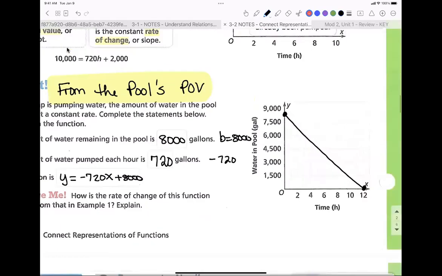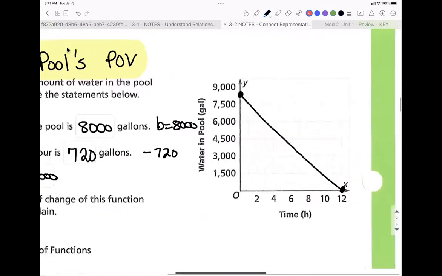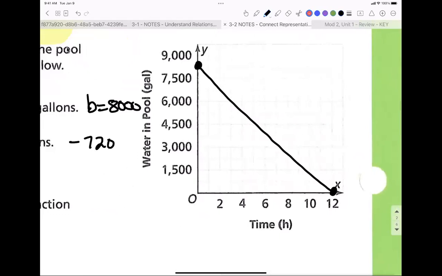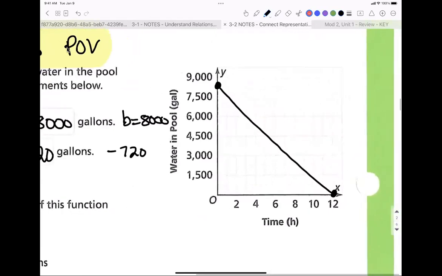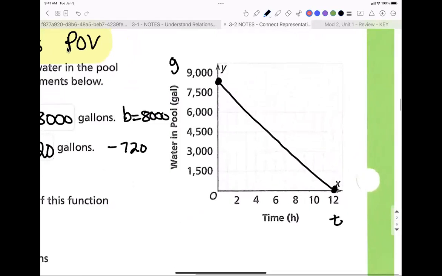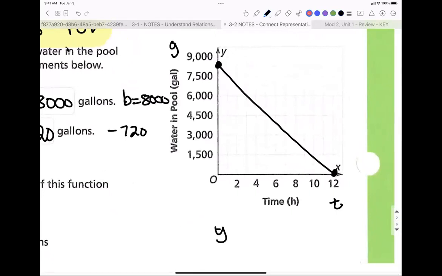Now, something else I want to show you is that in your homework, they said to write an equation where gallons is represented with a G and time is represented by a T. And if you wrote your equation, y equals 720x, they said it was wrong.